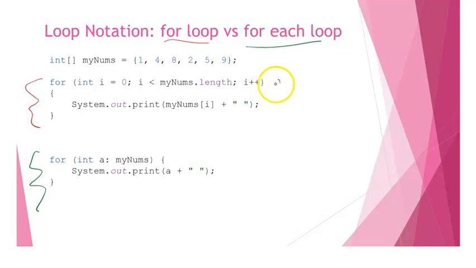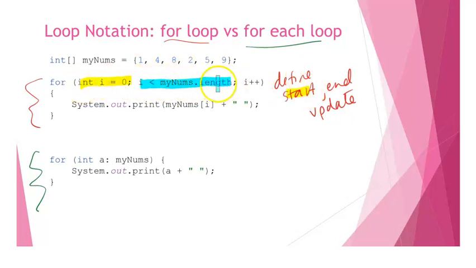Here you want to define your start and end, and then your update. This is saying I'm going to start at 0, I'm going to stop once i is no longer less than arr.length, and then I'm going to update by doing i++.